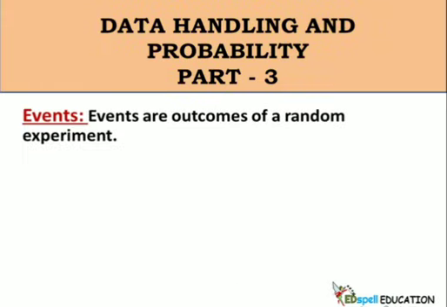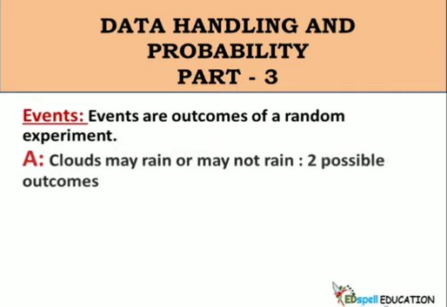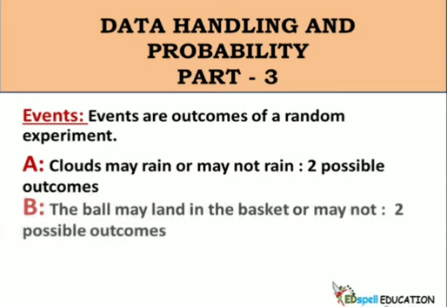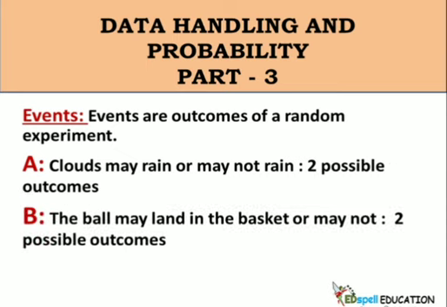What are events? Events are nothing but outcomes of a random experiment. As we have just seen in the previous slide, example A shows clouds that may rain or may not rain. So there are two possible outcomes. Example B shows a basketball.